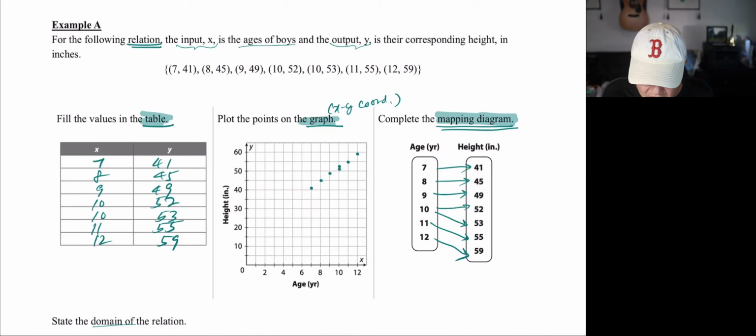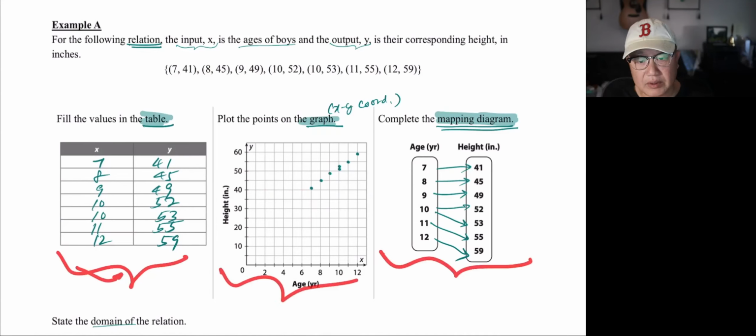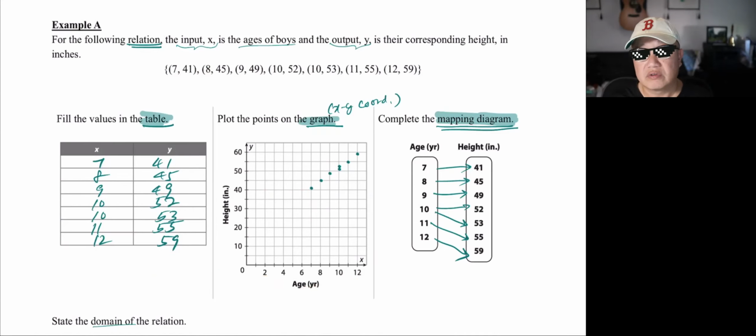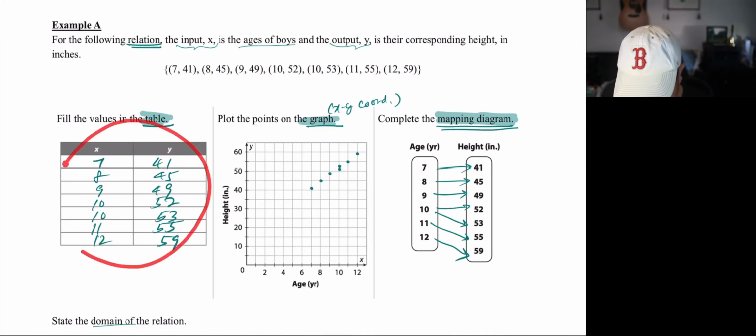So this is a table, this is a graph, and that's a mapping diagram. There are three different representations of the same thing. And depending on the situation, one is better than the other. But in this particular case, this is fine. For me personally, it's easy to write this one and just list the numbers.